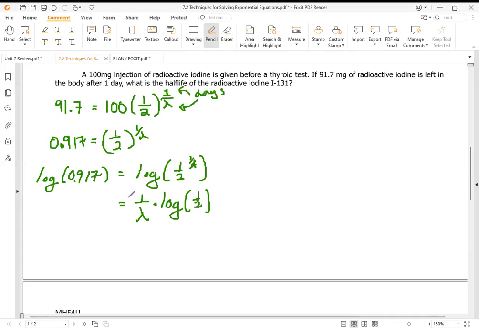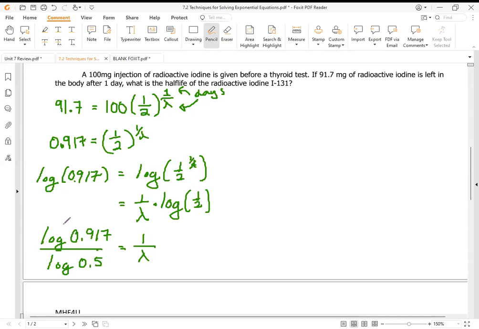If you did it a different way, it's totally fine. But here it is. If that is the case, how do I get 1/λ all alone? Divide both sides. I have log of 0.917 divided by log of half. I'll just write it as a decimal.